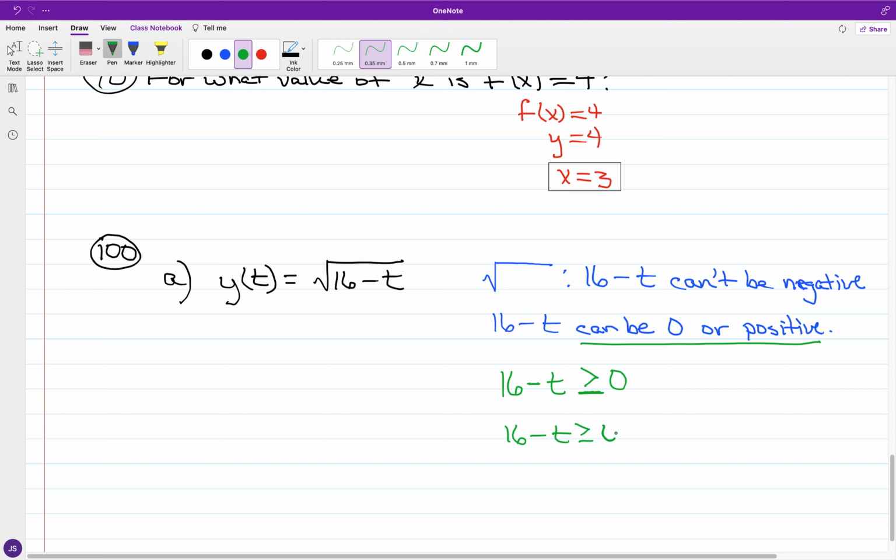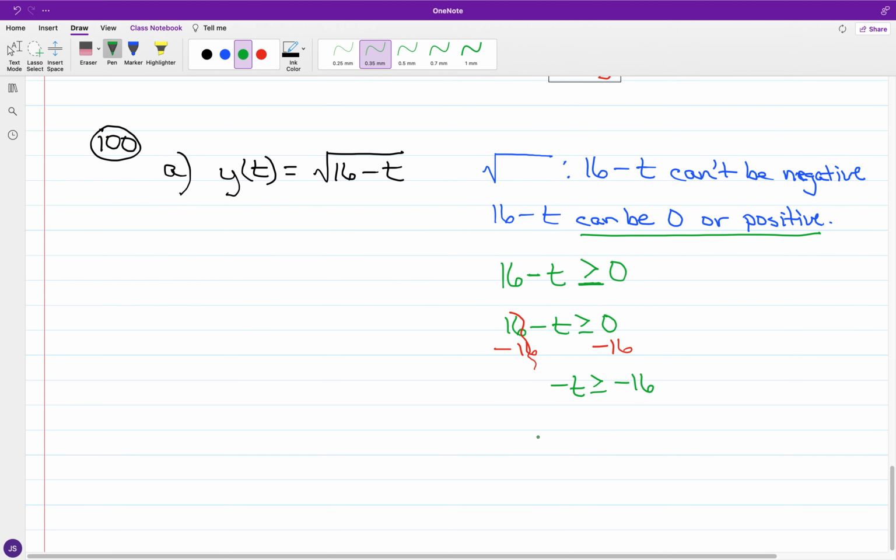And looking at solving for t, if I isolate the t term, which we now have as negative t, upon taking 16 away from both sides, I have negative t is greater than or equal to negative 16. Then looking at changing the signs, it's going from negative t to positive t, so I can either multiply or divide the terms by negative 1.